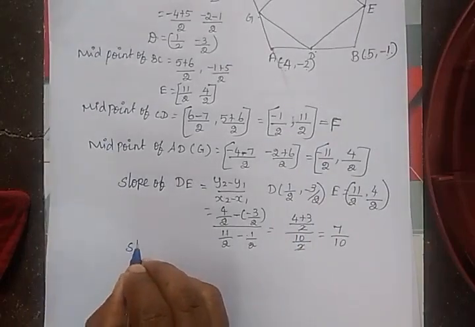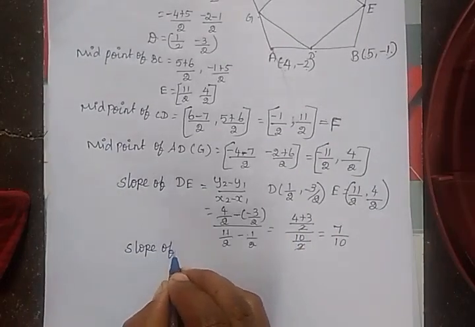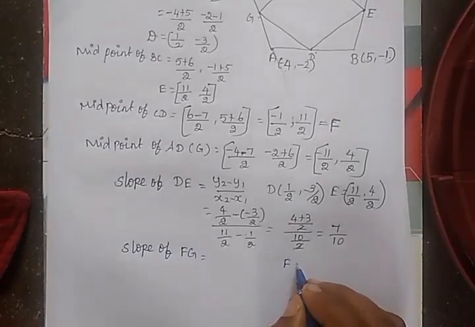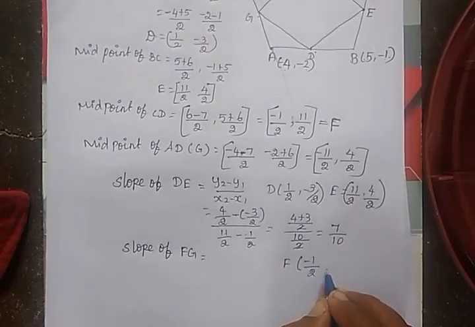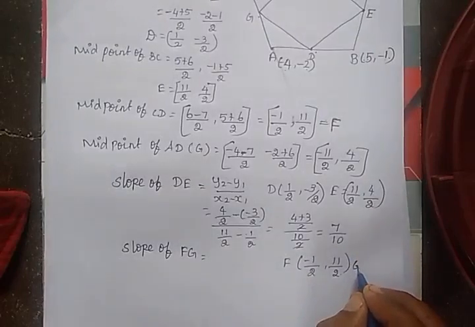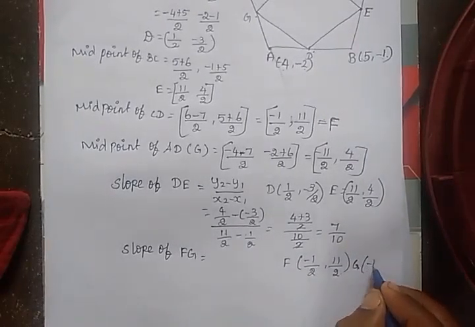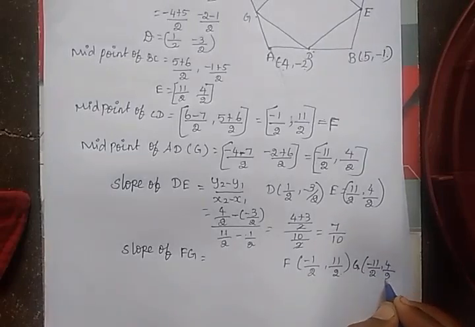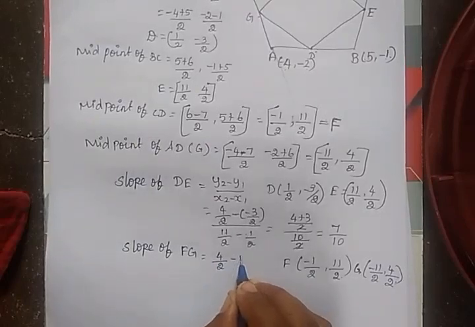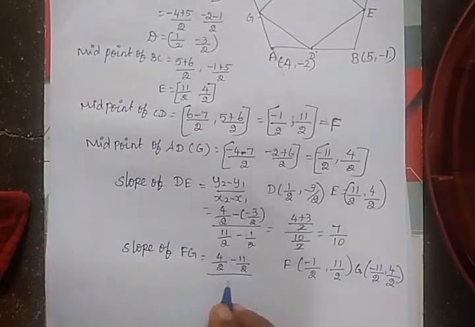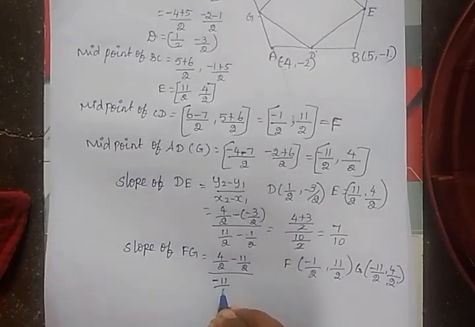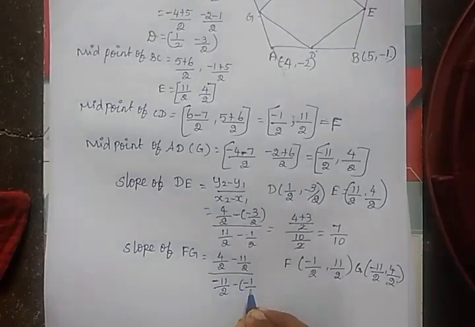And the slope of FG. The point F is minus 1 by 2 and 11 by 2, and G is minus 11 by 2 and 4 by 2. So here y2 is 4 by 2 minus 11 by 2, by x2 is minus 11 by 2 minus of minus 1 by 2.